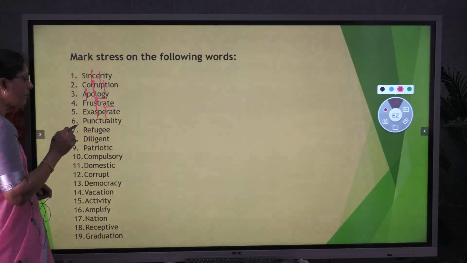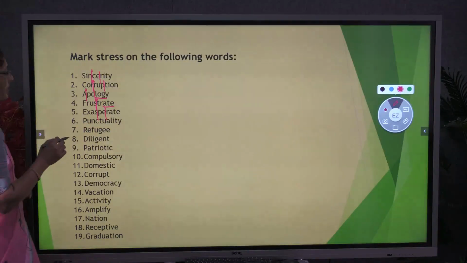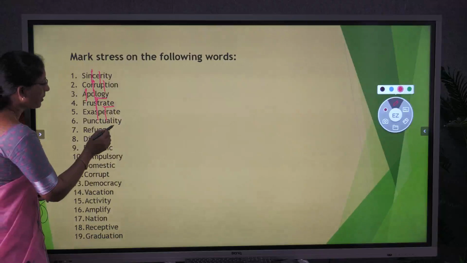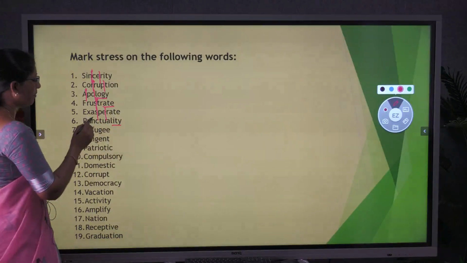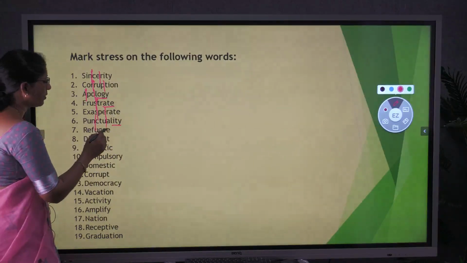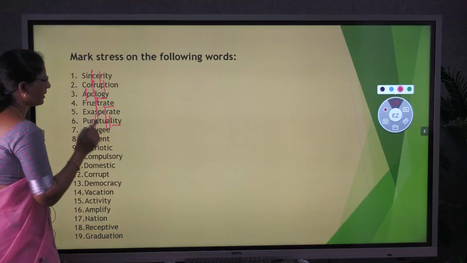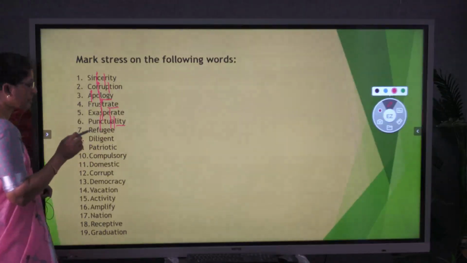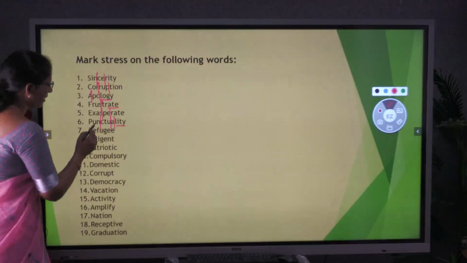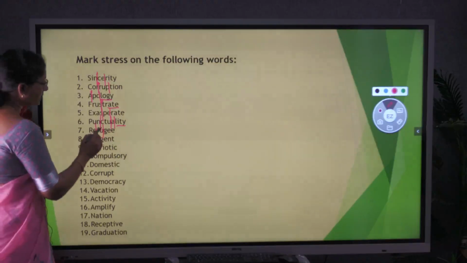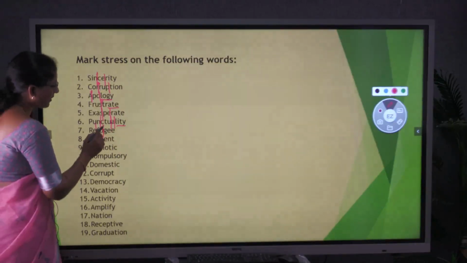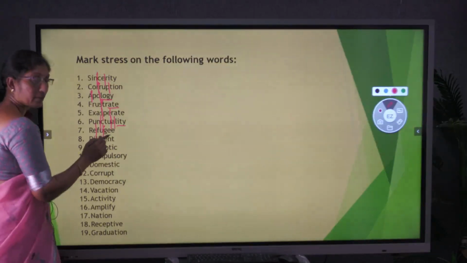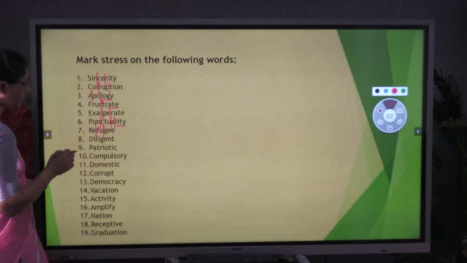Exasperate. Next one, punctuality. ITY. Punctuality. Here the stress is on the syllable before the suffix. Next, refugee. So the stress is on the suffix itself, this EE. Refugee.